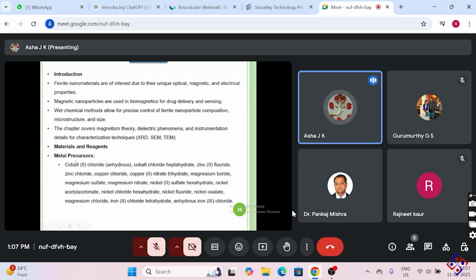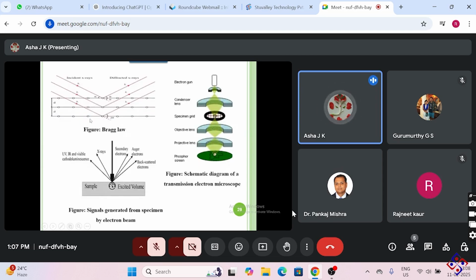Here, the metal precursors are cobalt chloride heptahydrate, zinc chloride, copper chloride, copper nitrate trihydrate, magnesium bromide, magnesium sulfate, magnesium nitrate, nickel sulfate hexahydrate, nickel acetylacetonate, nickel chloride hexahydrate, nickel fluoride, nickel oxalate, magnesium chloride, iron chloride tetrahydrate, and so on.